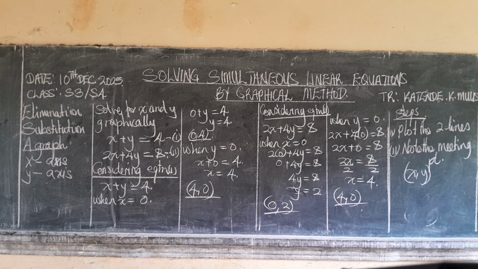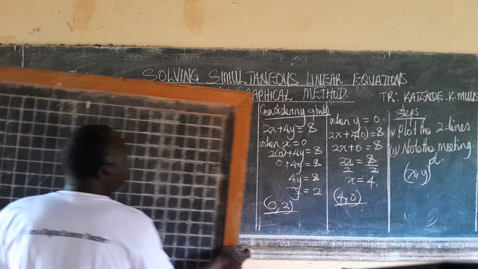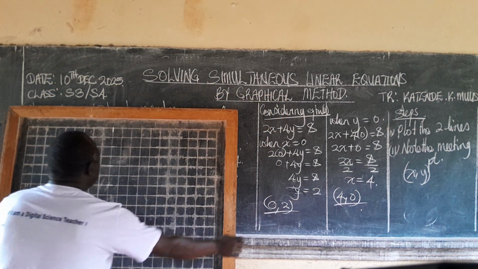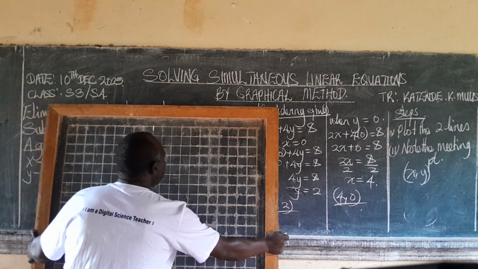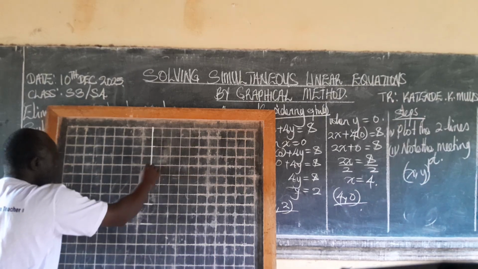Now we are going to plot that one and see what we are going to have. And when we plot, here we are. We have our axes.